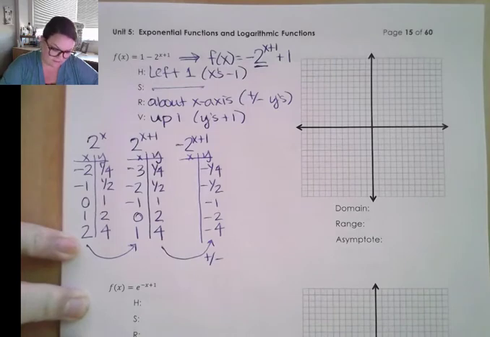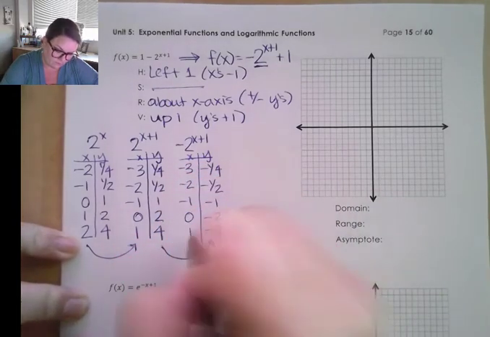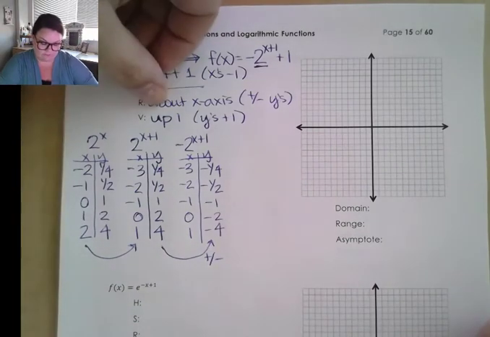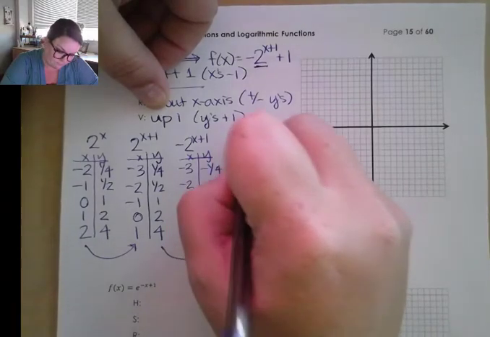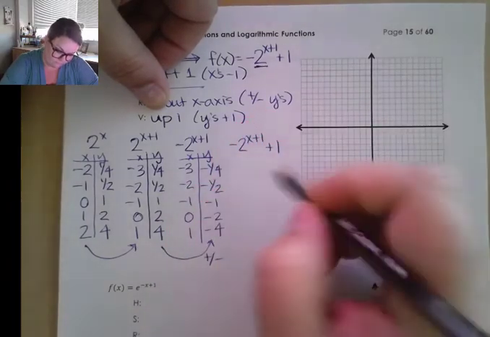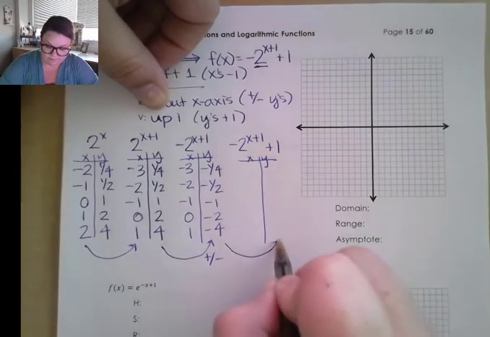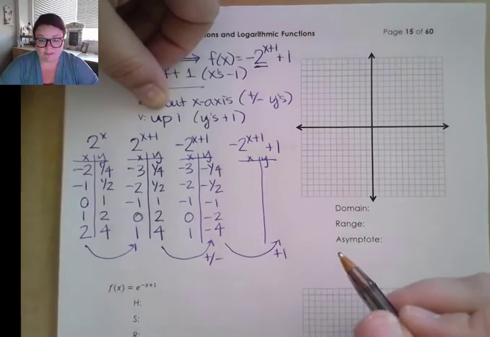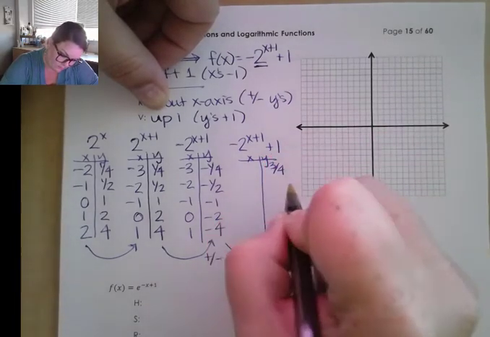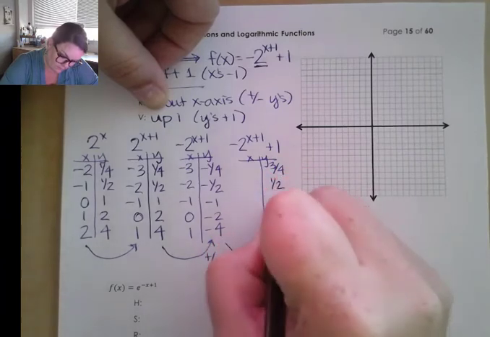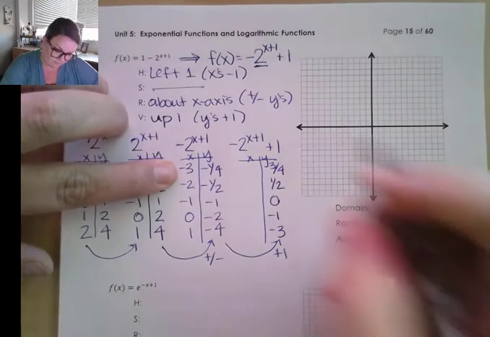And our x's stay the same. And then our last transformation is our vertical shift up 1. So we're going to take our y's from the previous table and add 1 to them. And then our x's stay the same.